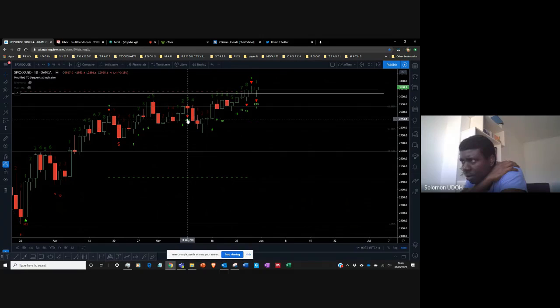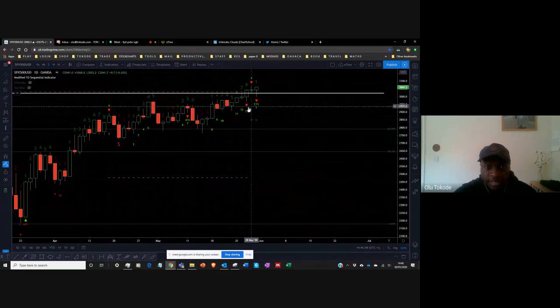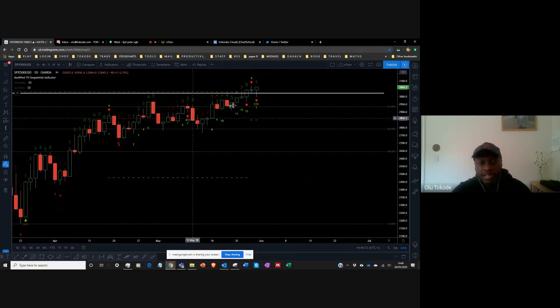That is, you do not wait until the conditions for a sequential 13 are fully met. You're a bit in a hurry. You want to jump into the sell position before the indicator gives you that sequential 13. That's the aggressive. It means you're aggressive. If you wait for this 13, you're conservative. So that's the difference. This is aggressive. This is conservative.